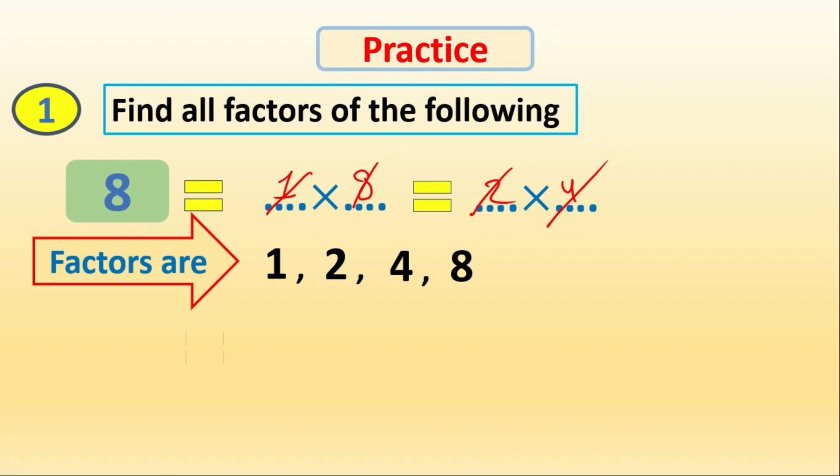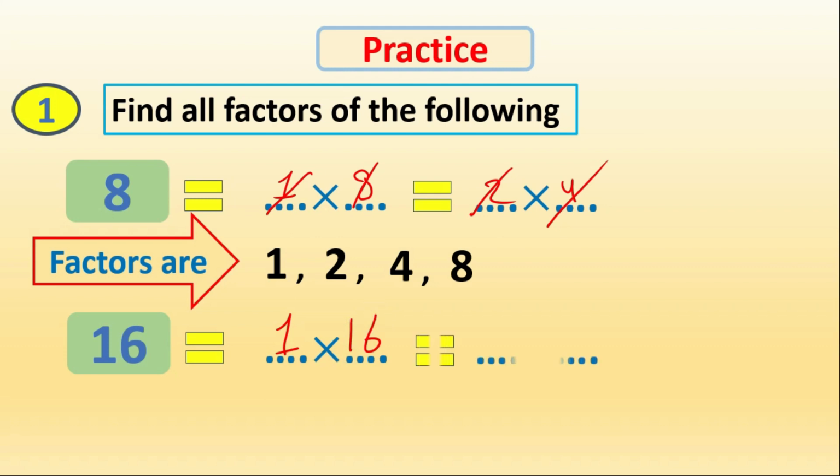Another example, 16 equals what? Starting with number 1, 1 times 16. Next, 2 times any number gets 16? Yes, 2 times 8 equals 16. Now ask yourself, 3 times any number gets 16? No. 4 times any number gets 16?